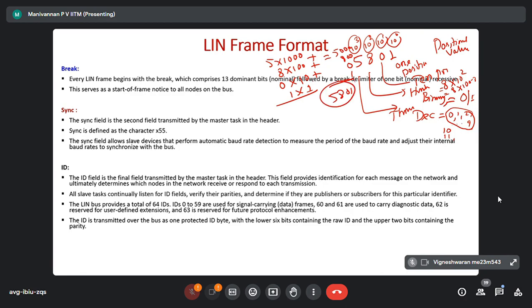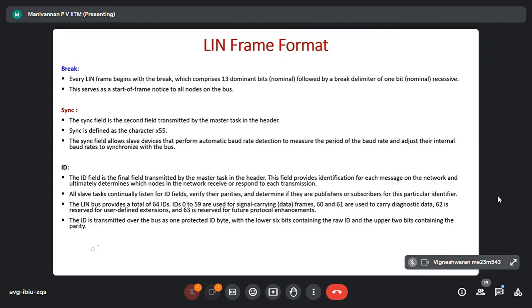This I will find. Similarly, in case of binary numbers, you have 2 power 0, 2 power 1, 2 power 2, 2 power 3, and it can go up to 2 power n. N can be infinity, correct? If I use n equal to 8, I say that it is an 8-bit number, correct?